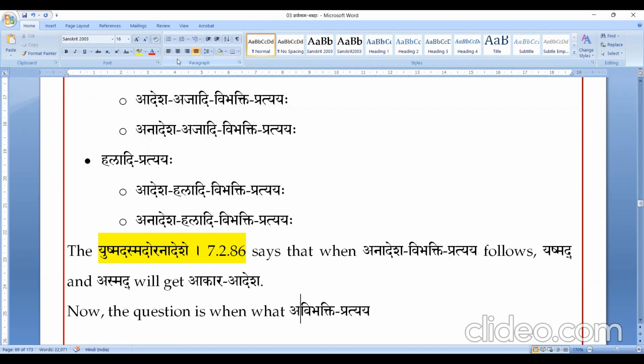When what anadesha vibhakti pratyaya follows, this change, Akara Adesha, happens.